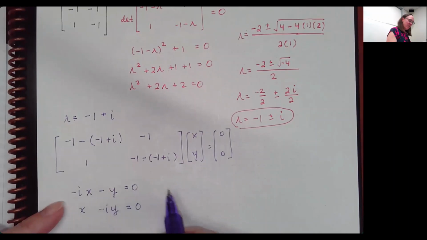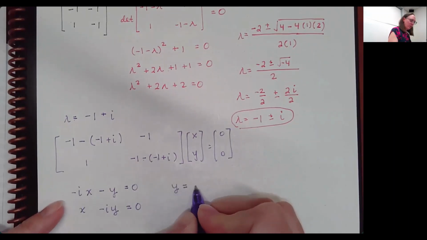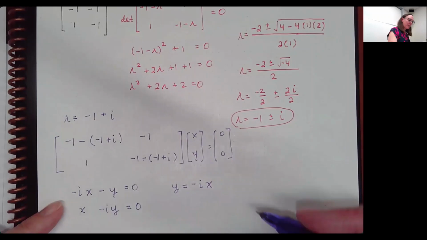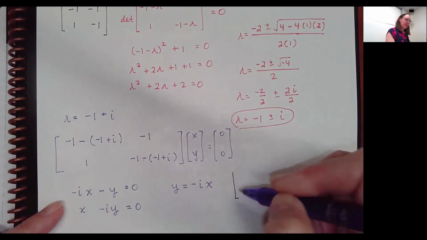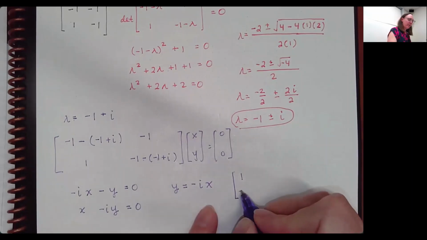I'm going to take that top one and rearrange that to say y is equal to -i times x. So one possible eigenvector here would be to let x be equal to 1, and that would make y -i.